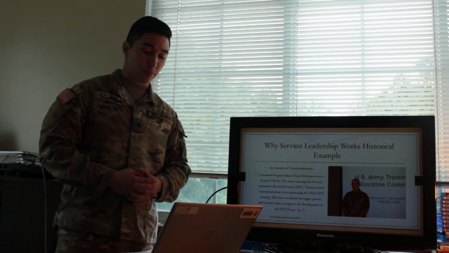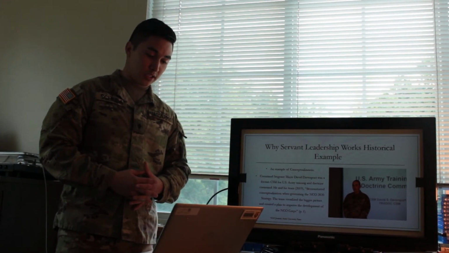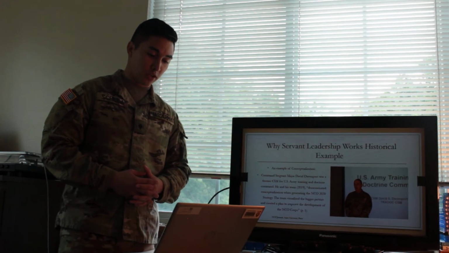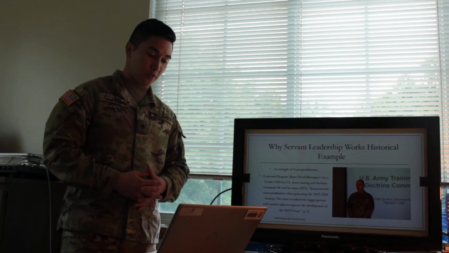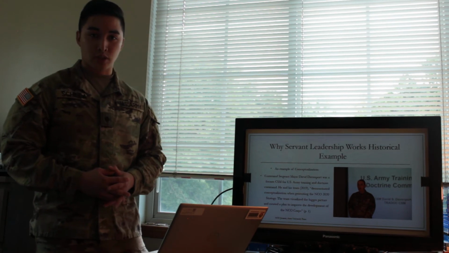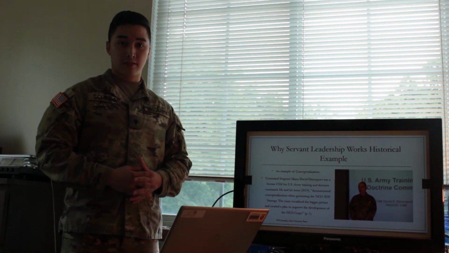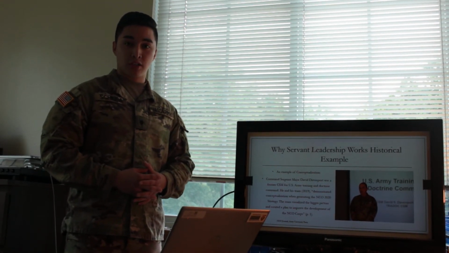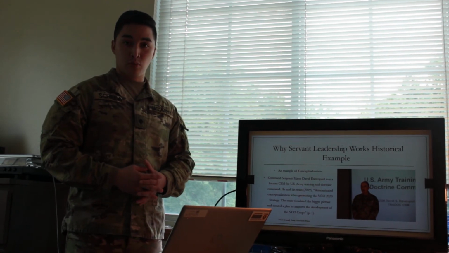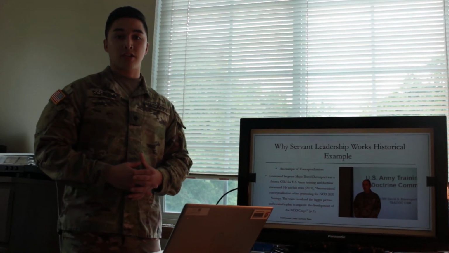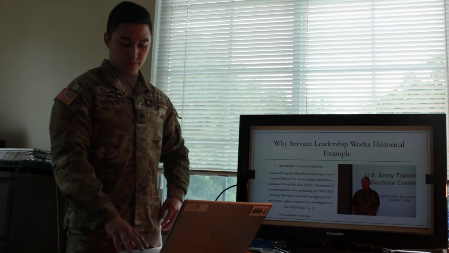This played a pivotal role in the Army when he and his team visualized the bigger picture and created a plan to improve the development of the NCO Corps, which has a lasting effect on the NCO Corps today. This conceptualization, an example of servant leadership, will go down in history as to why servant leadership is effective.